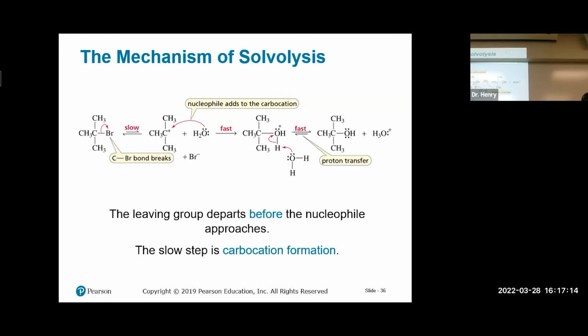So in this case, these two parts of the reaction are going to be fast. The slow part is always going to be the formation of the carbocation.